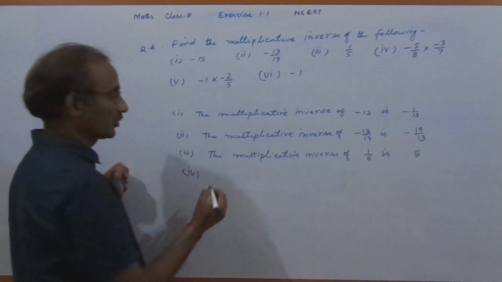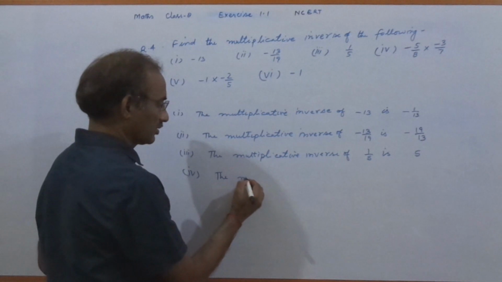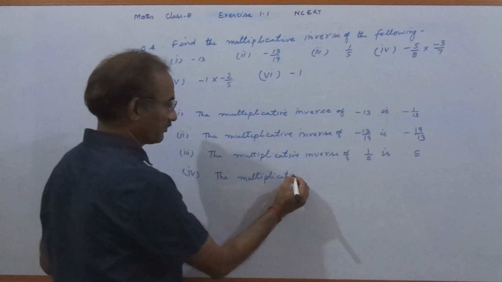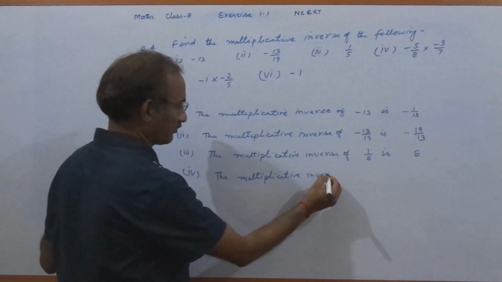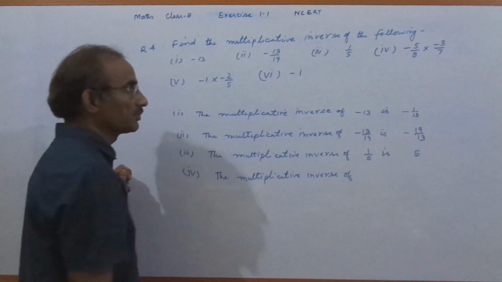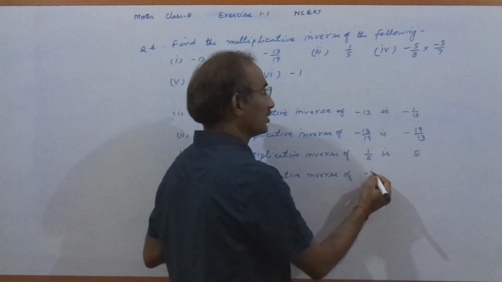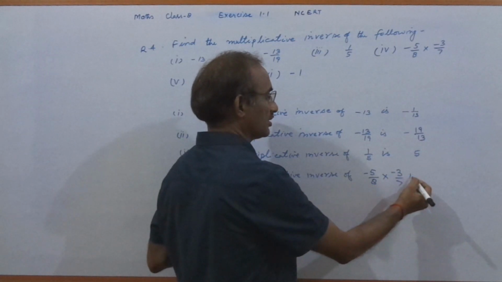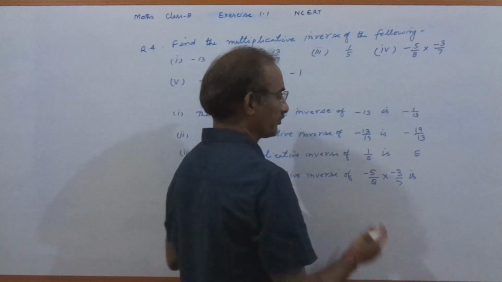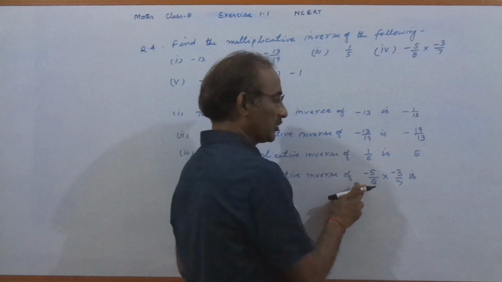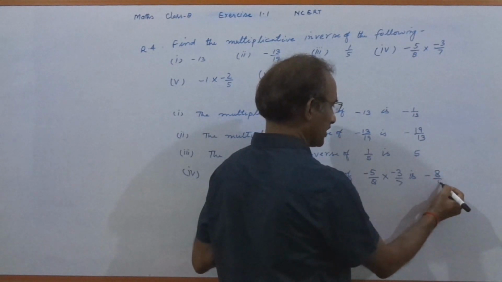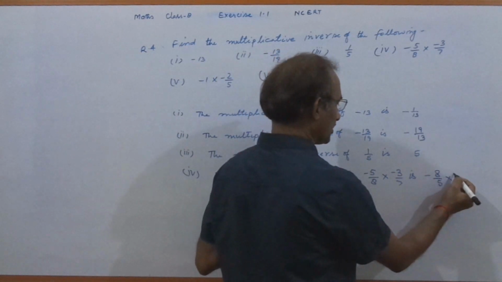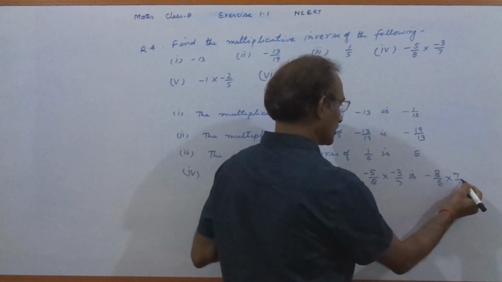Fourth, the multiplicative inverse of minus 5 upon 8 multiplied with minus 3 upon 7 is the reciprocal of minus 5 upon 8, it is minus 8 upon 5, multiplied with the reciprocal of minus 3 upon 7, so it is 7 upon minus 3.